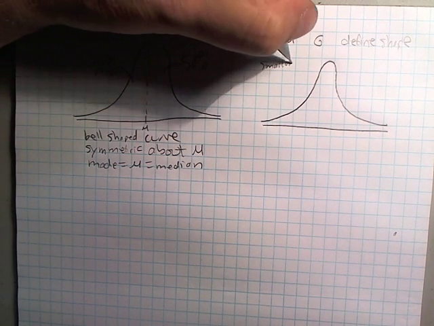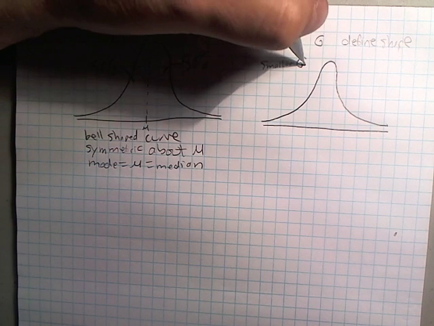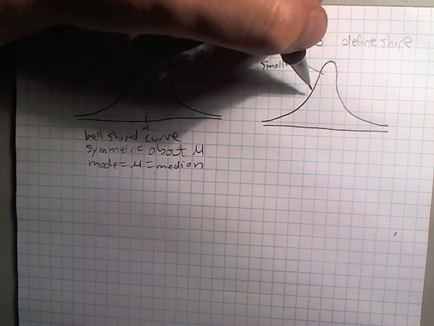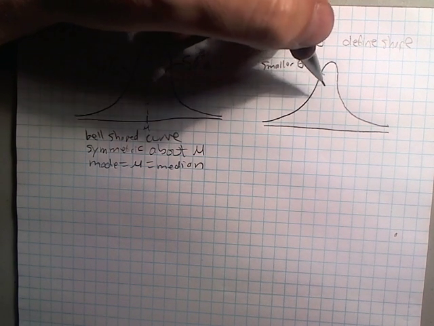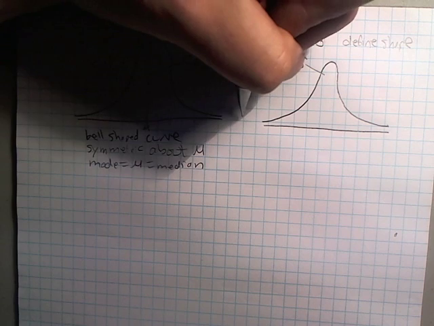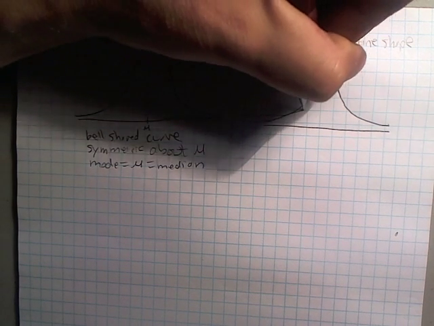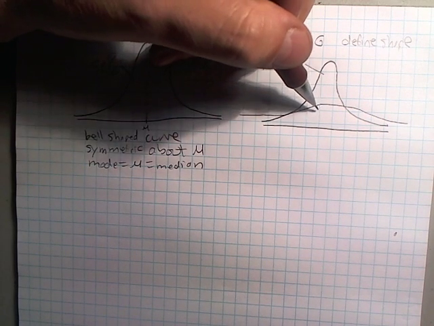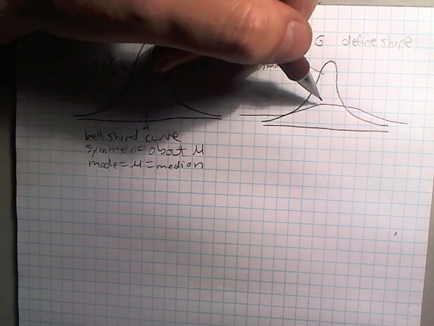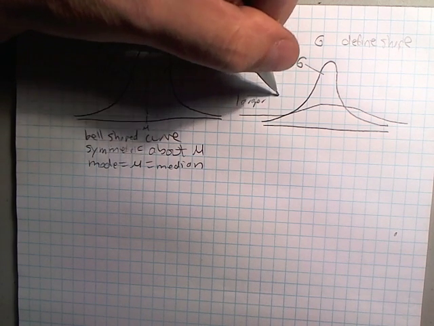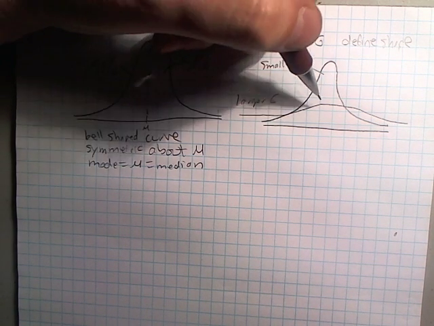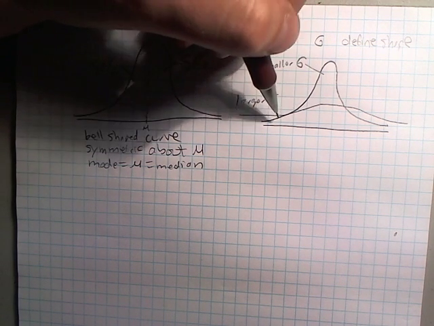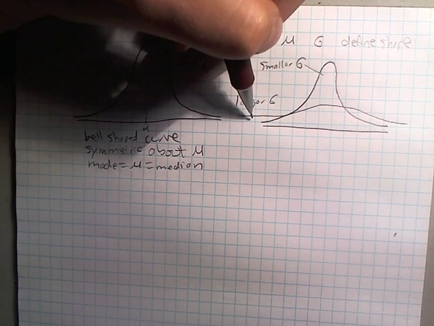A smaller standard deviation would tend to have a higher peak and steeper sides, as more of the records are concentrated in the middle, whereas a distribution with a larger standard deviation might look something like this. So it still has the bell-shaped curve here, all of the characteristics still hold, but because that standard deviation is larger, this distribution has a lower peak, and more of that area is now found in the tails.